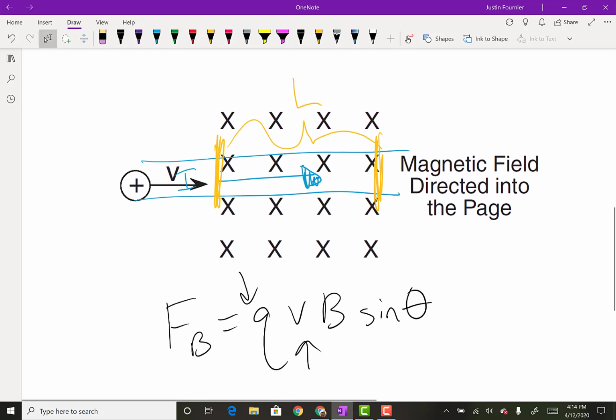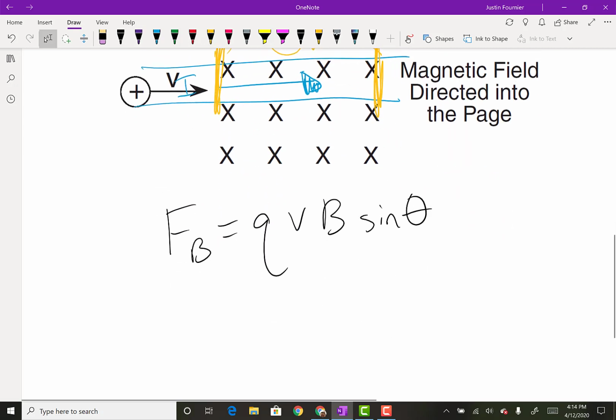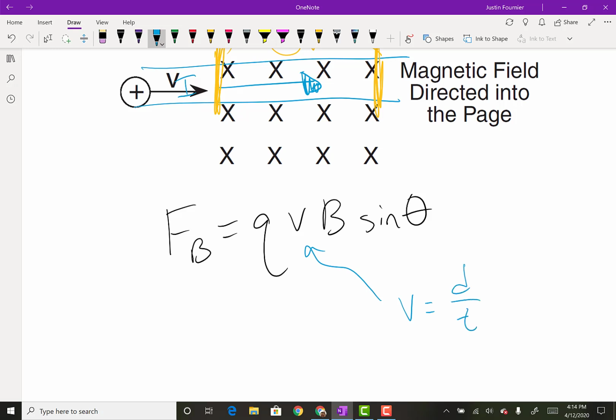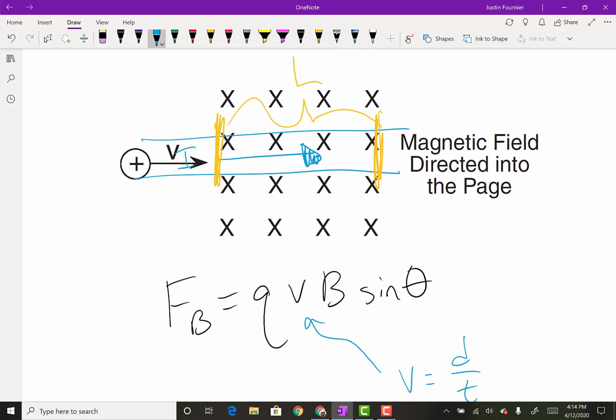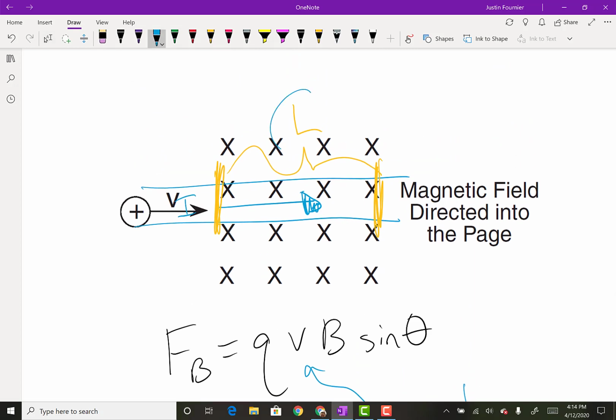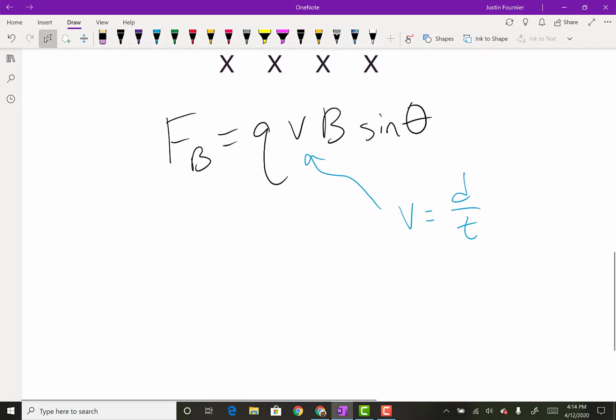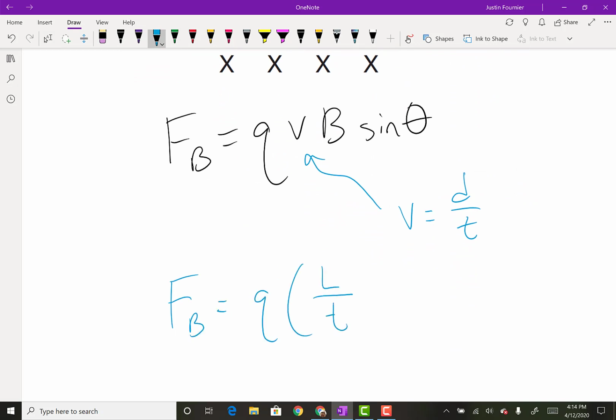Well, velocity, or speed, is just the distance over the time. And let's say the distance we travel is L. So that would give me the magnetic force is the charge multiplied by L over t times the magnetic field times sine of theta.